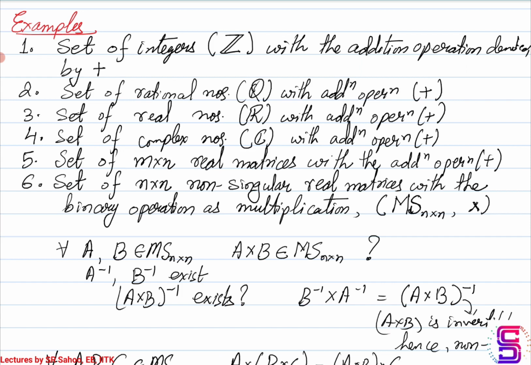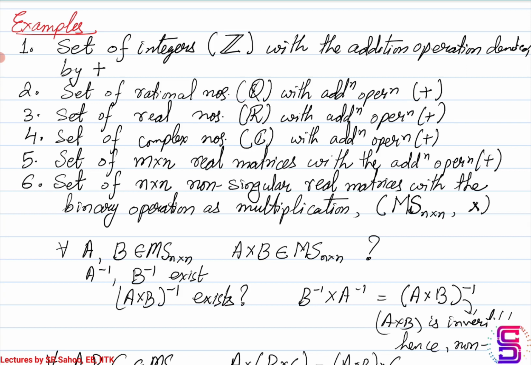When we say n cross n non-singular real matrices, it essentially means the matrix can be inverted. Okay, we can calculate the inverse of a matrix. So if A is a non-singular matrix, then A inverse exists. Now the binary operation that has been given is the multiplication operation. So is this set under the multiplication operation a group?